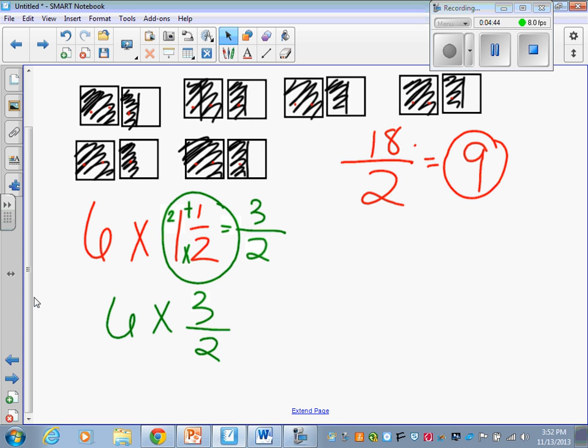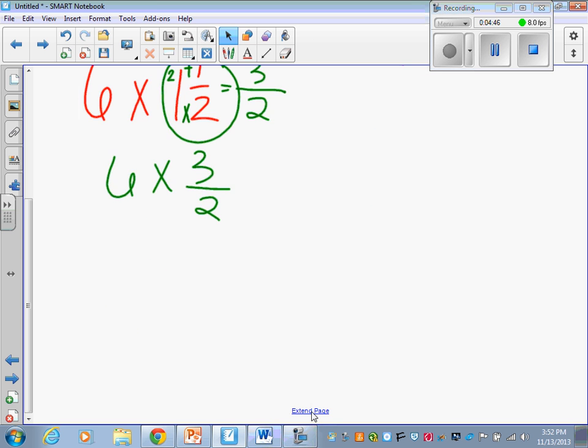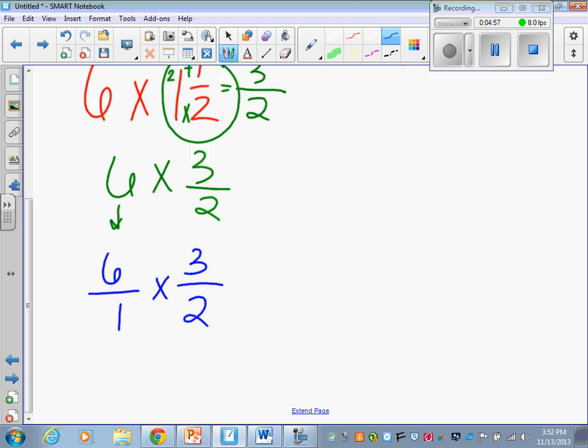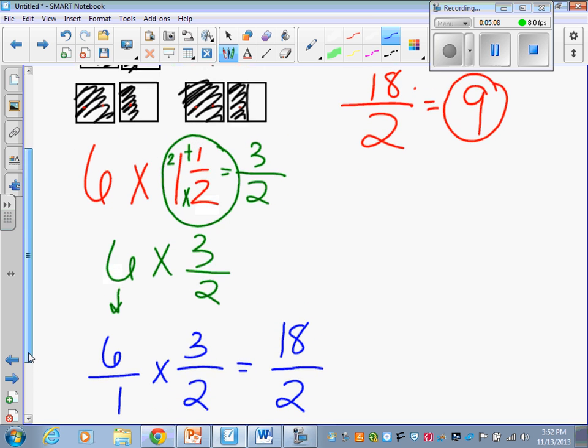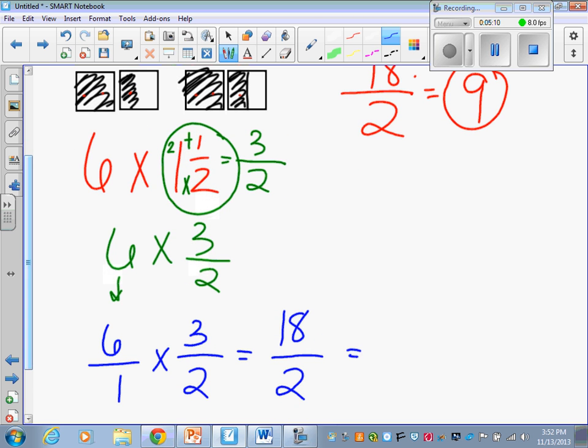If you remember, we can rewrite any whole number, which is 6, over 1, multiply by 3 over 2. 6 times 3 is 18. 1 times 2 is 2. If you notice, we got the same answer as we did before. 18 divided by 2 is equal to 9.